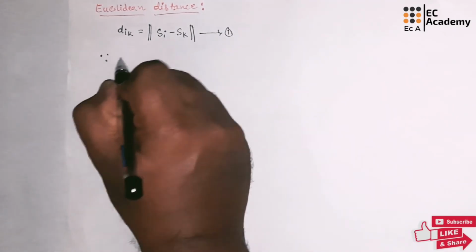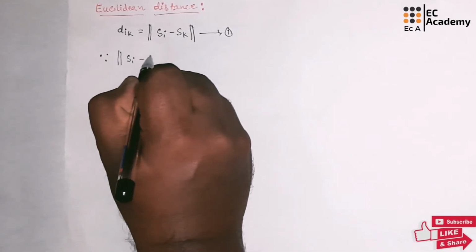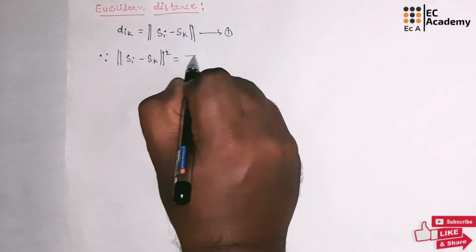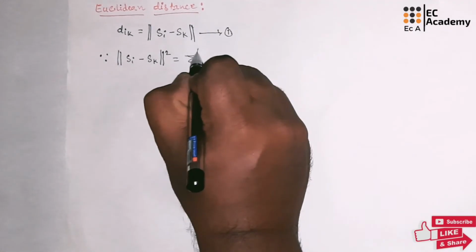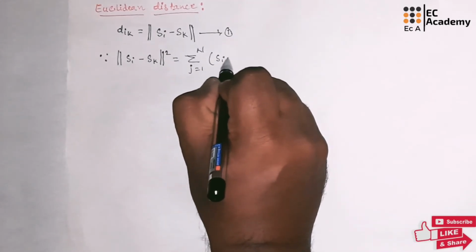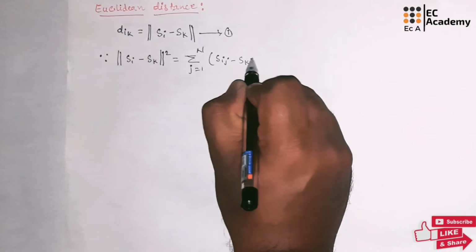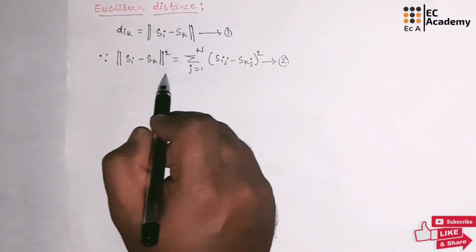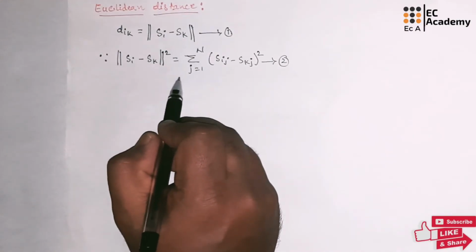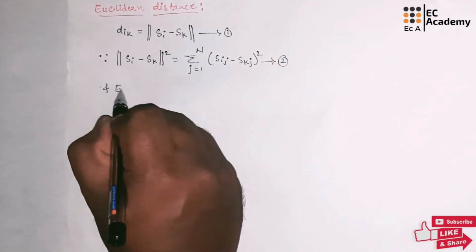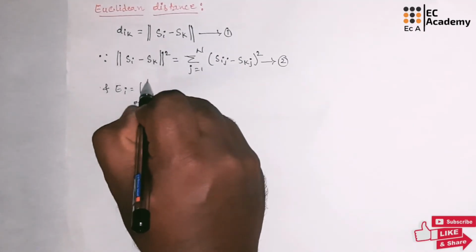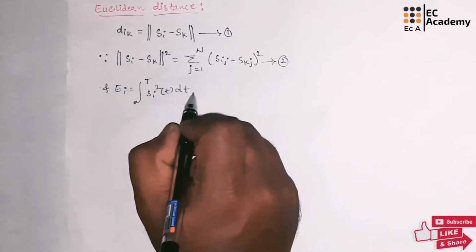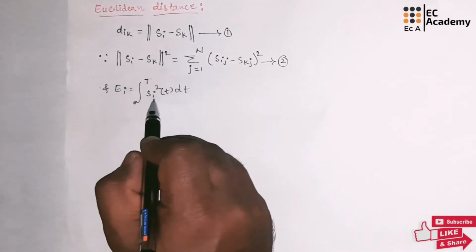We know that norm of Si minus Sk whole square can be written as summation of j is equal to 1 to n Sij minus Skj whole square. Let us call this equation number 2. This we have written from our previous derivation. And also we know that Ei is equal to integration of 0 to T Si square of t dt, which is the representation of energy of a signal.